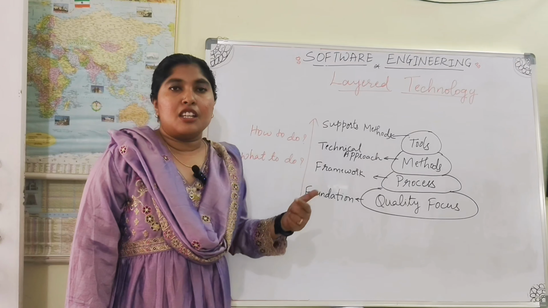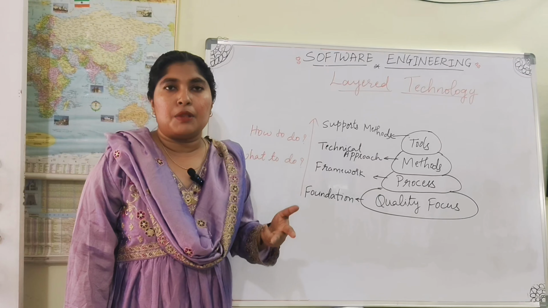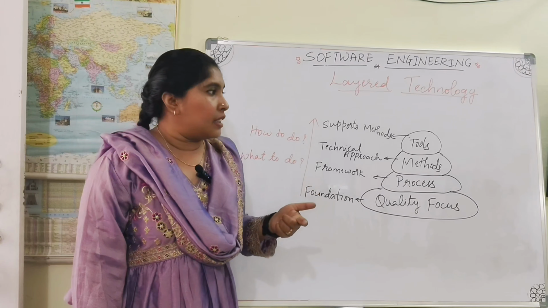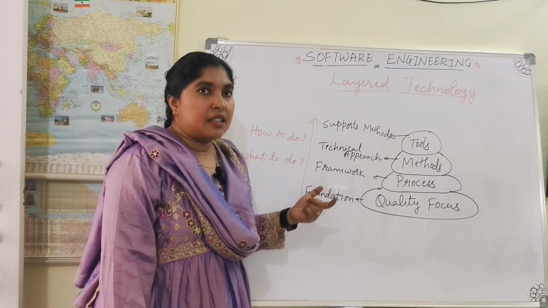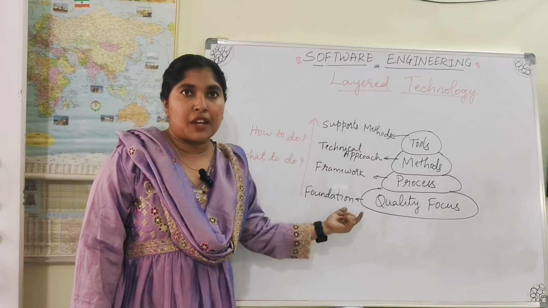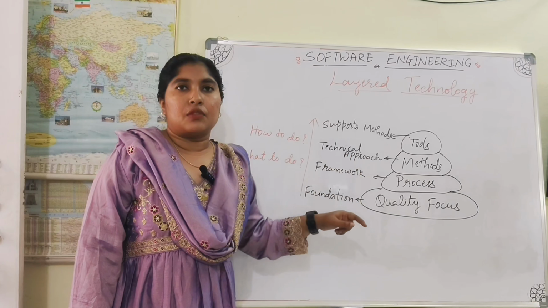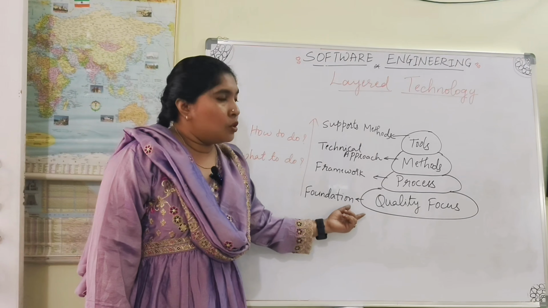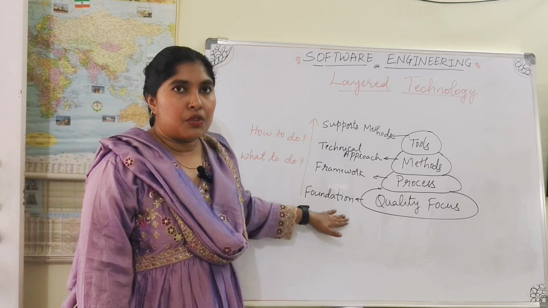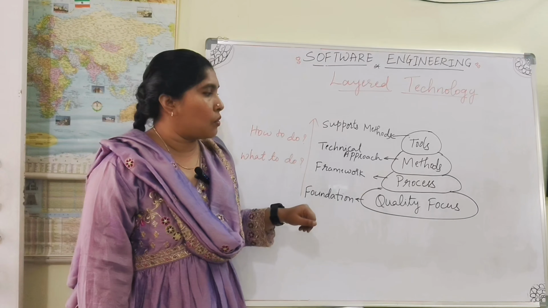It may be security, privacy, maintainability, usability, portability, reliability, correctness, completeness. So all those qualities, whatever the customer or the stakeholder will specify during the meeting or the requirement analysis phase, need to be carried out throughout to the end. So that acts as the foundation for developing the software.